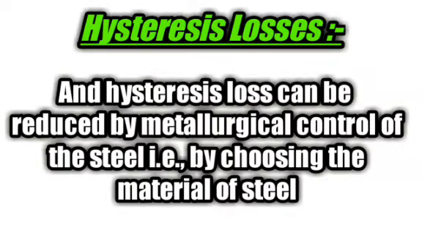Hysteresis loss can be reduced by metallurgical control of the steel, that is, by choosing the material of steel. The hysteresis losses are caused due to the friction of molecules in the core against the magnetic lines of force required to magnetize the core, which are constantly changing their magnitude and direction. This is due to the influence of the sinusoidal supply voltage.